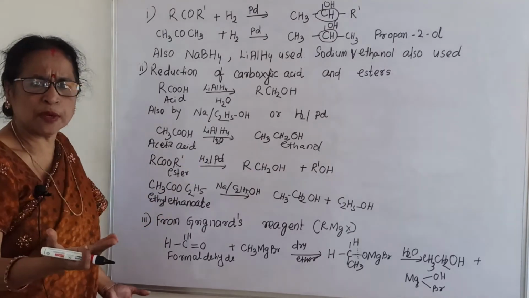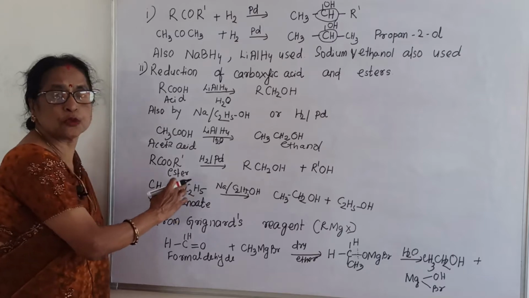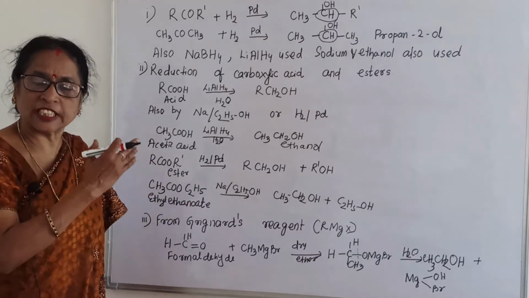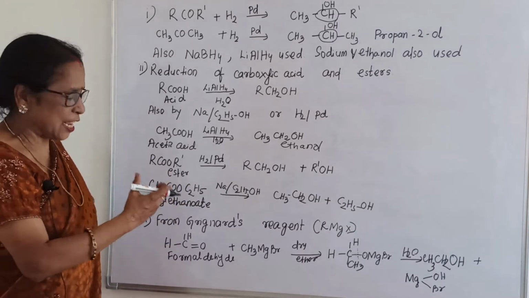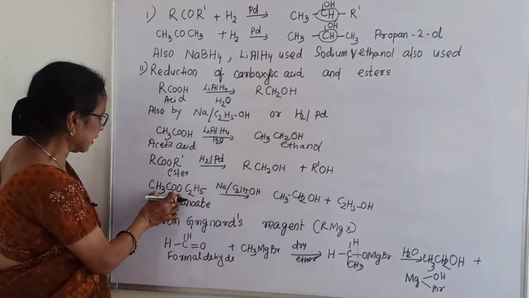Now take one example. See here, CH3COOC2H5. This is one type of ester, but what is the name? By IUPAC name, this is ethyl ethanoate.